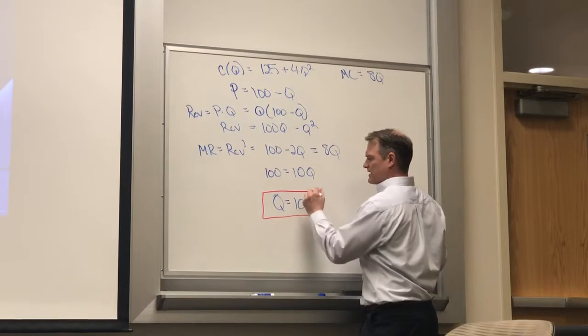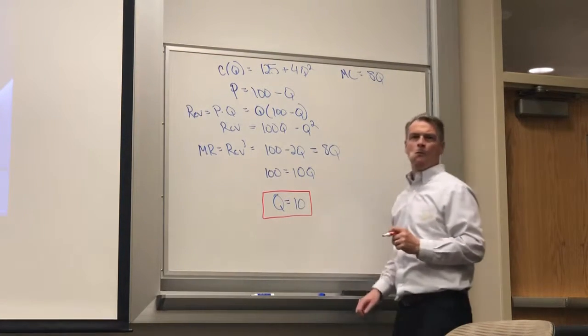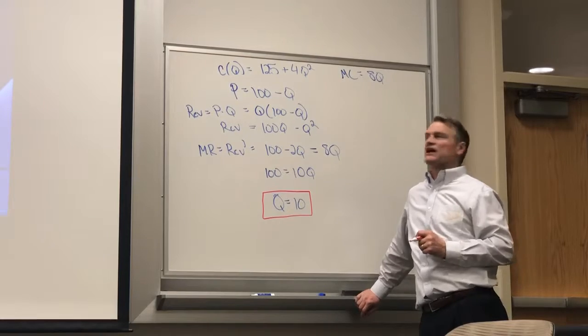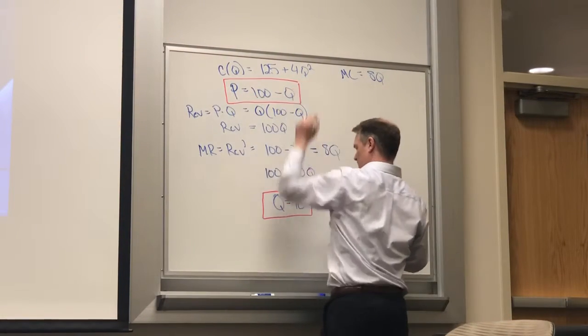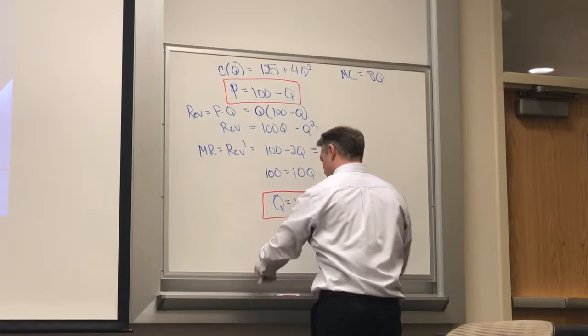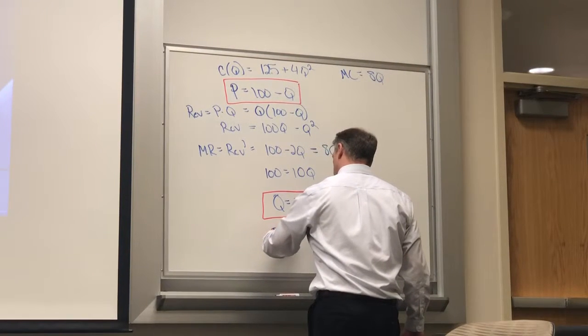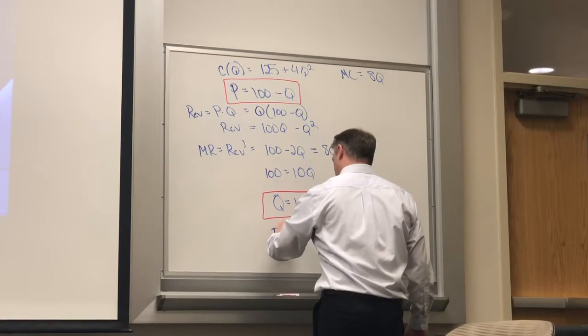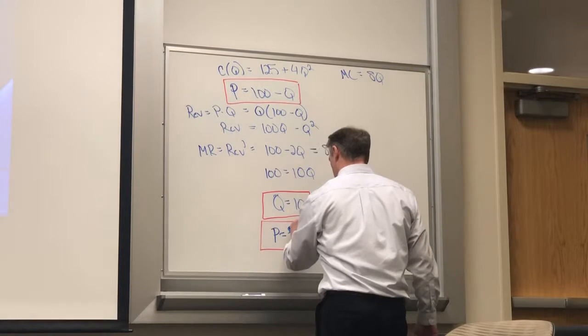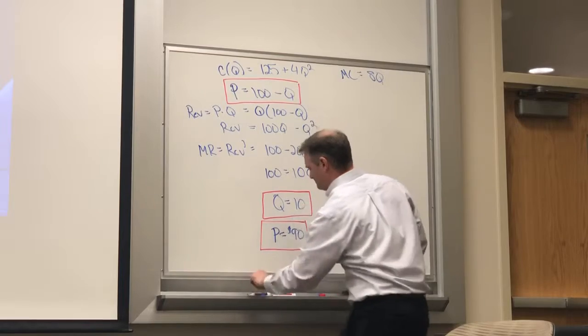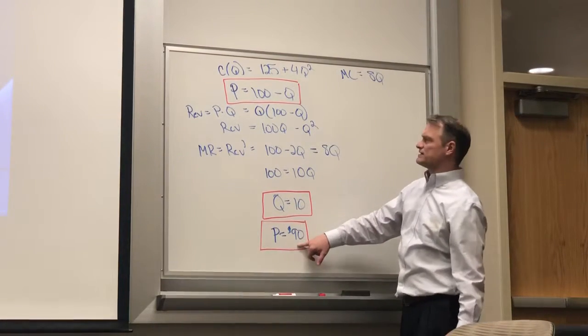How do I find price now that I know the quantity is 10? Okay, you're going to plug it back into this one. So that means price is going to equal 90. Okay. So I've got quantity 10, price is 90.